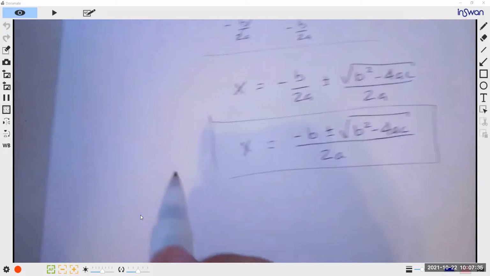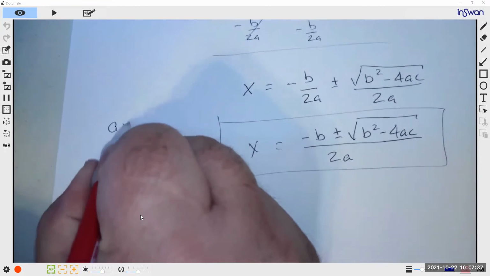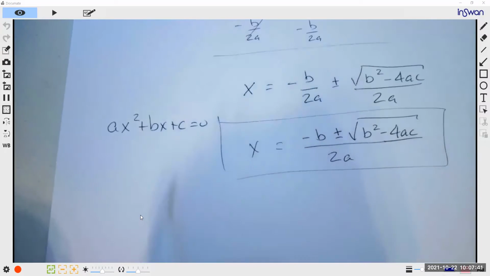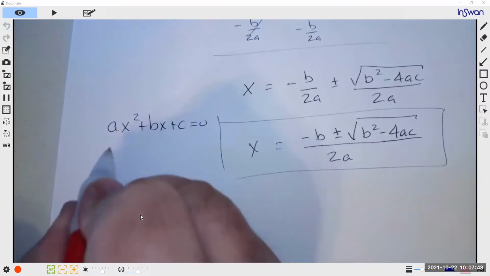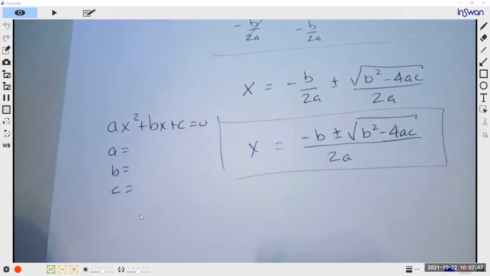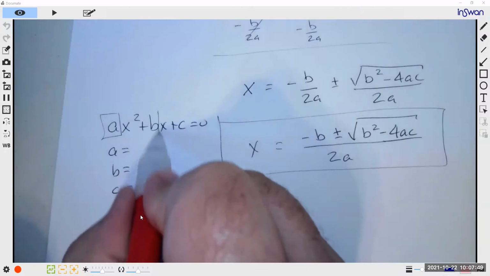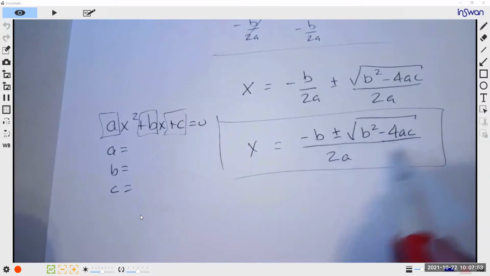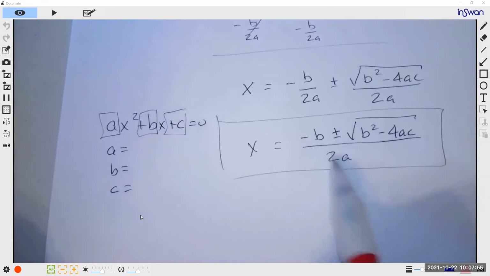Because remember, if we have a quadratic equation, once we identify what a, b, and c are, the values, we just have to plug those in there. Notice inside this equation, there's no x's.